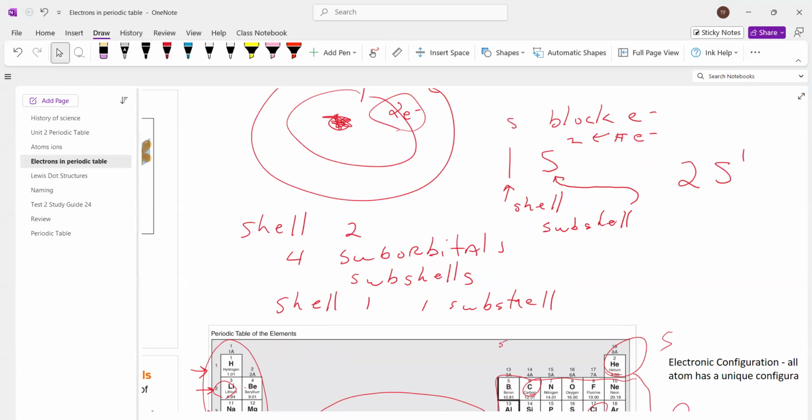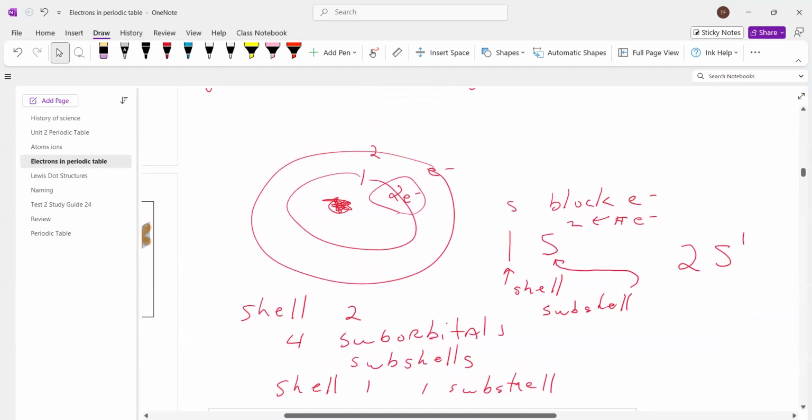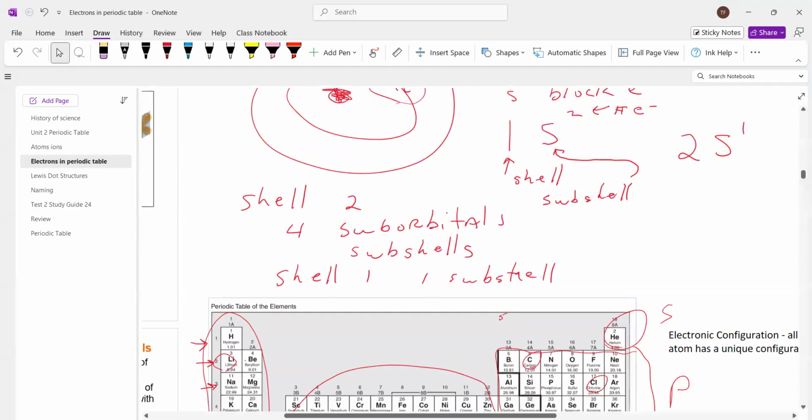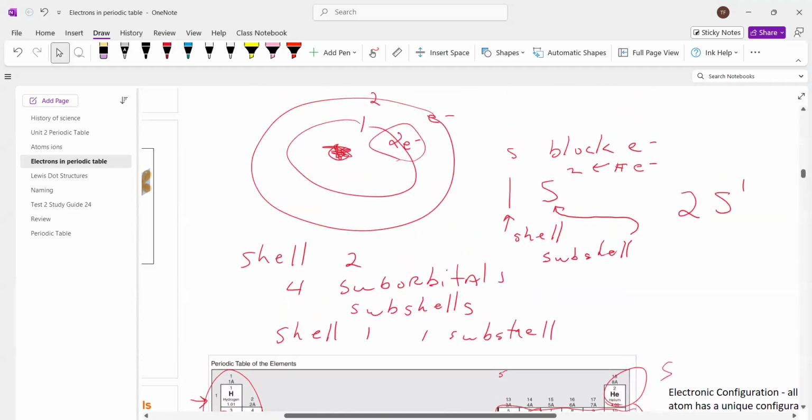Okay, so when we found shell number 2 has 4 suborbitals, the first one is called S, just like shell number 1.